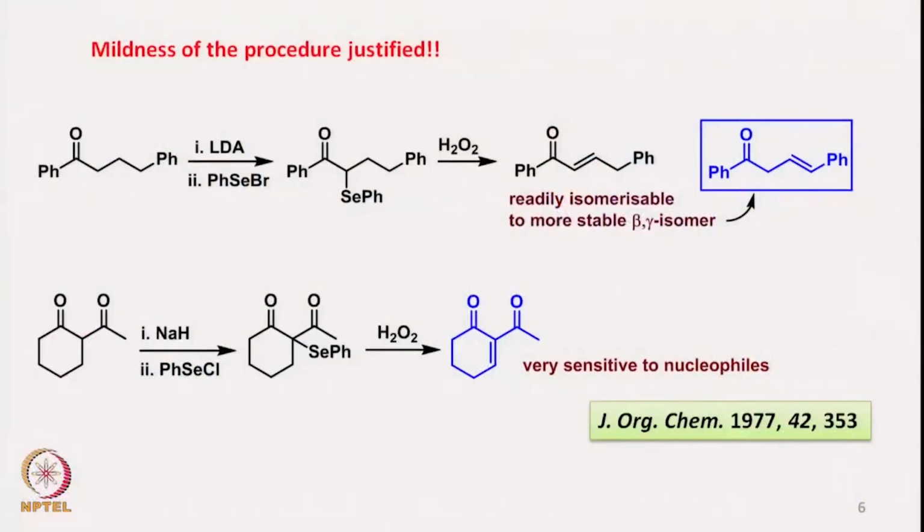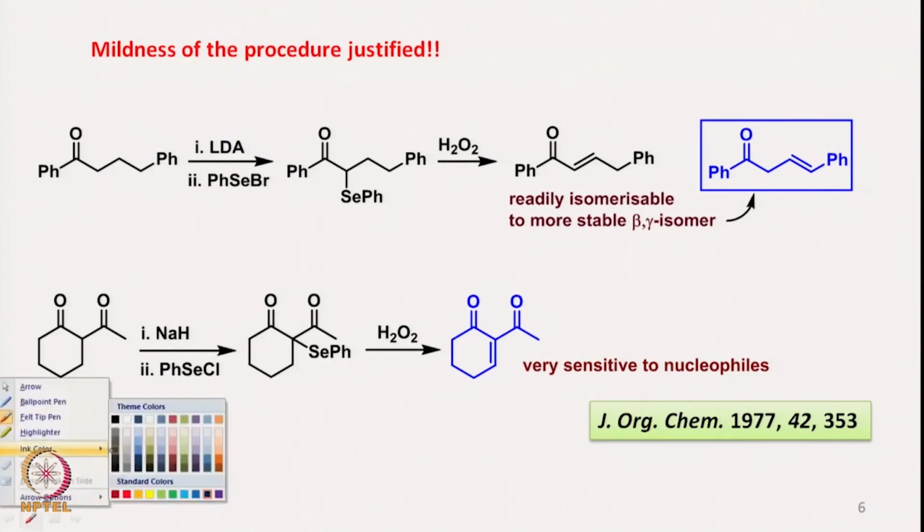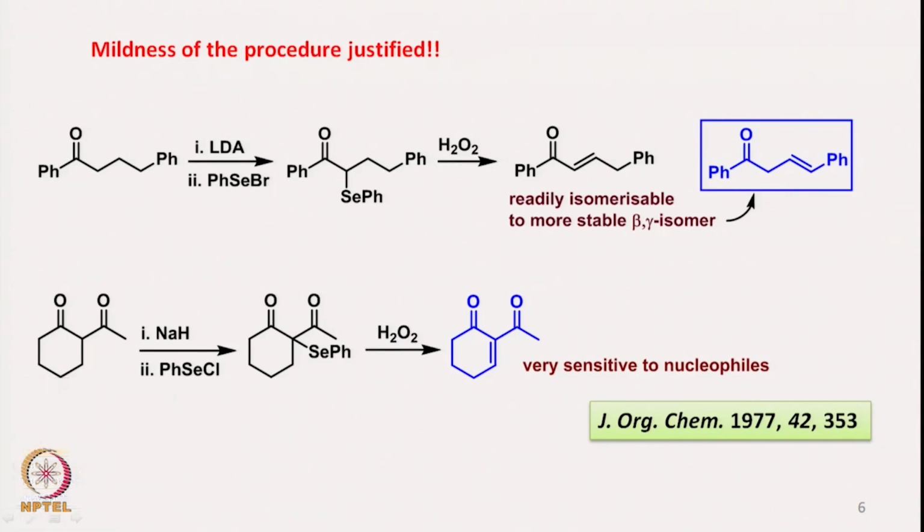Now, the mildness of the procedure is very much justified by the following examples. For example, if one takes this kind of substrate here, which now we can use LDA and react with phenyl SeBr, for example, as a selenium source.